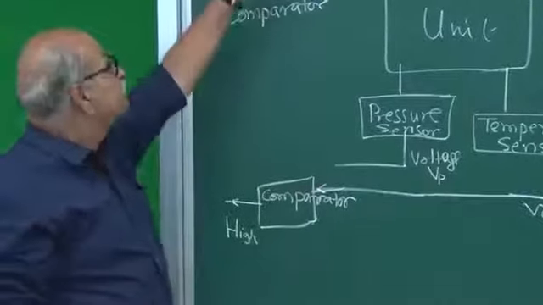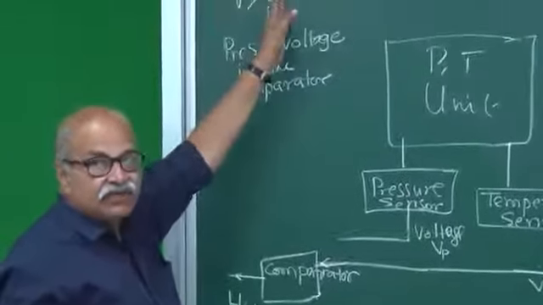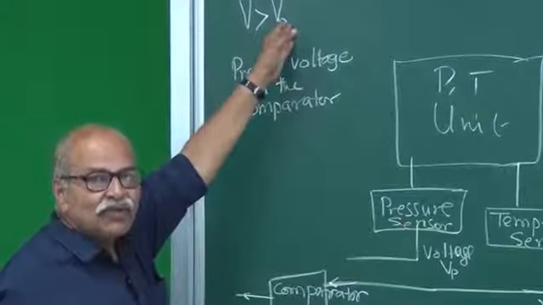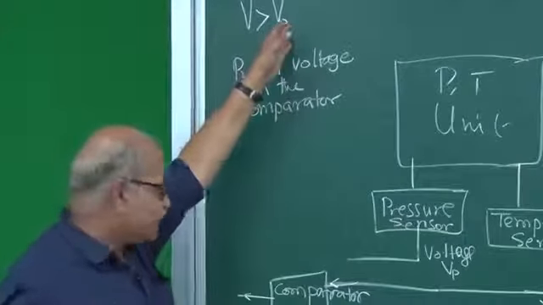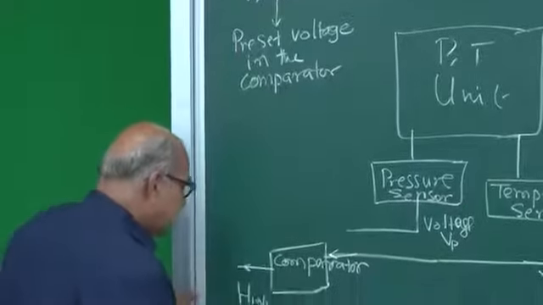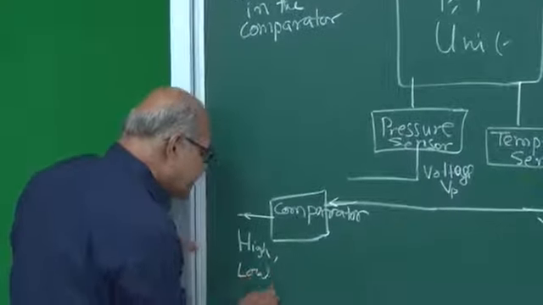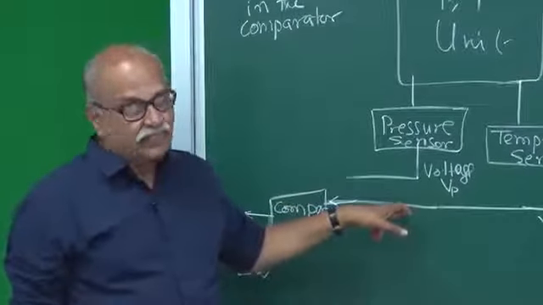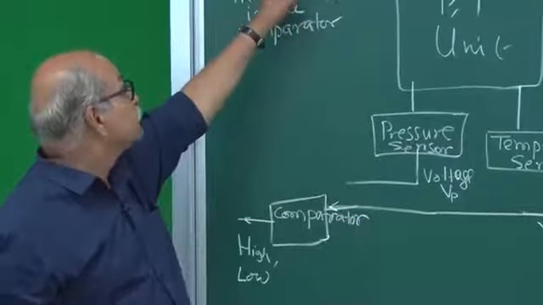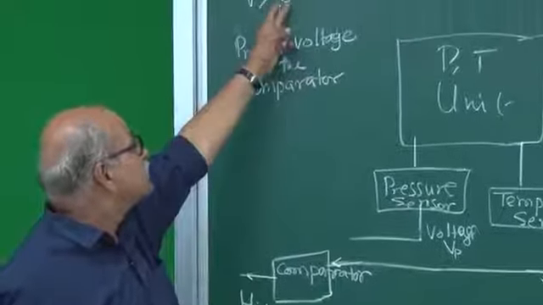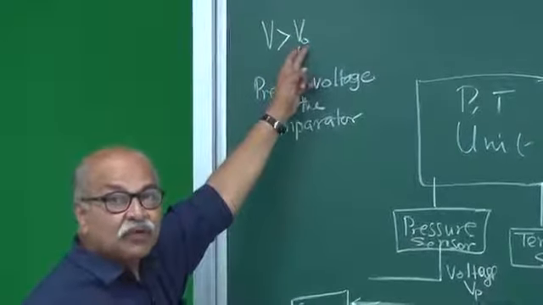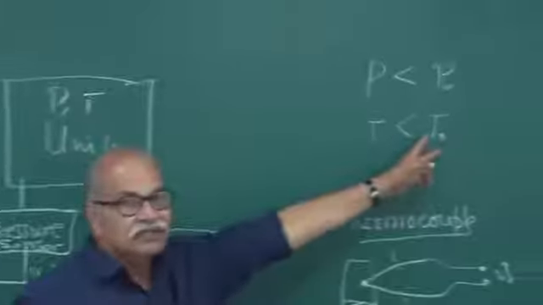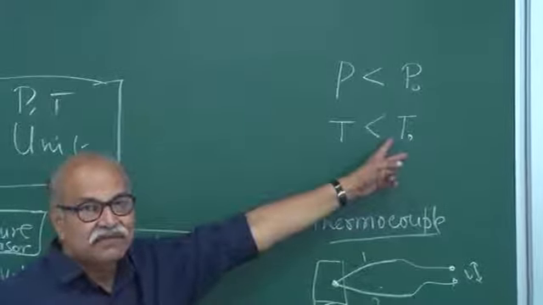And if this V is less than V naught, then it will give me a low voltage, a 0 voltage or some 0.1, 0.2 volts. So, that is low. So, it can give me high, it can give me low, depending on how much this voltage is. If it is more than this V naught, and this V naught I can set corresponding to that limit T naught, suppose 370 degrees Celsius.